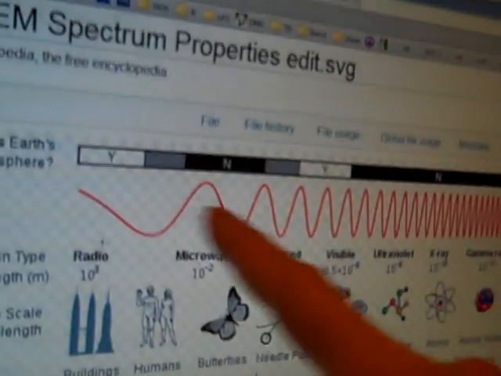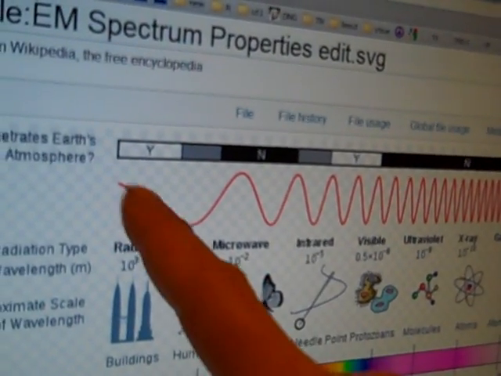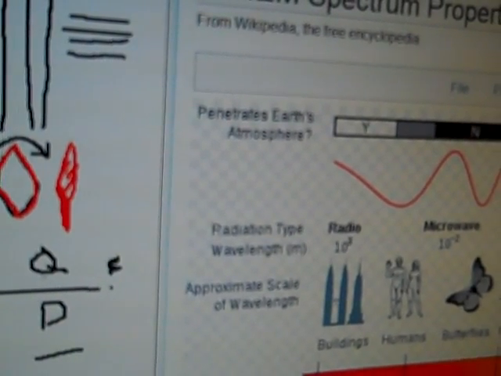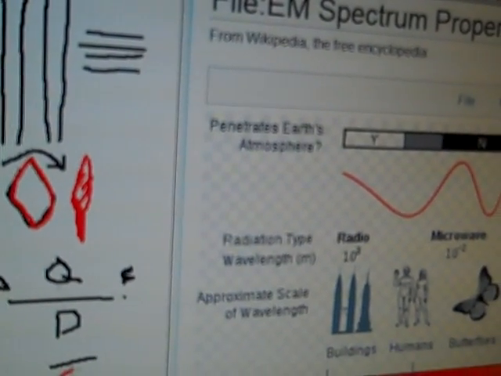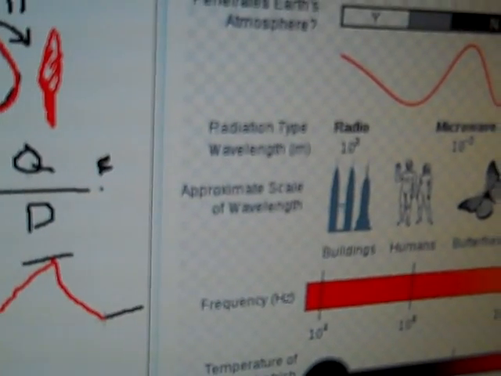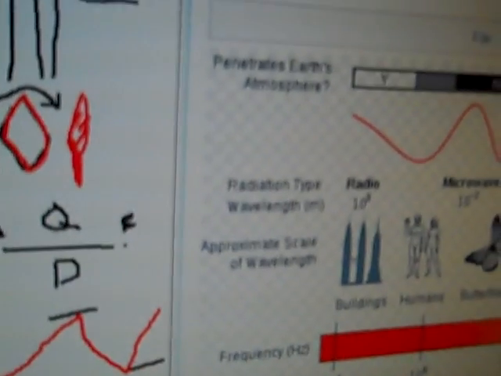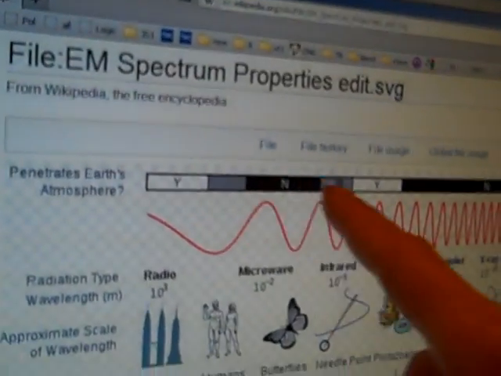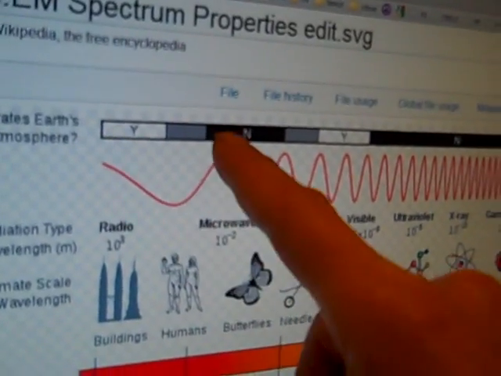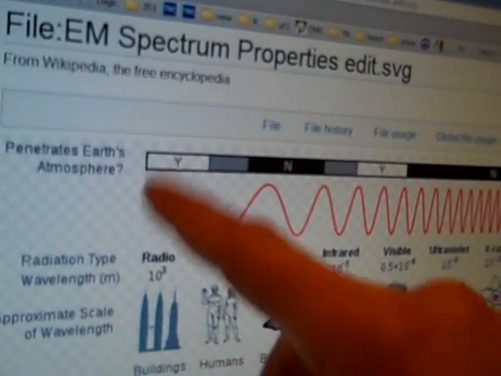Everything else on this spectrum is moving at the speed of light, and the only thing that slows it down is that it bounces off of stuff. It comes in here and bounces off that, and that, and that. If it's going through matter, like the atmosphere, here are the indications of what gets through the atmosphere and what gets blocked.